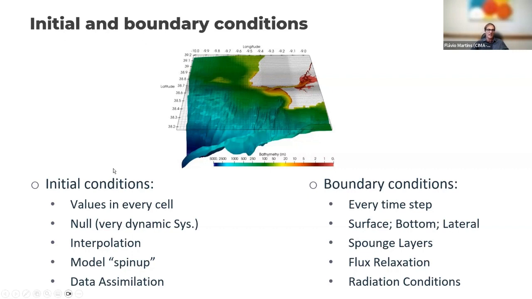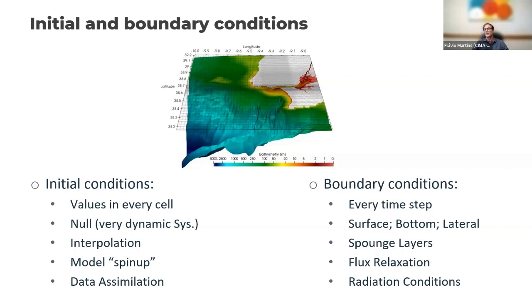Initial conditions are conditions in every cell of my model at time 0. Okay? And there are many ways of doing it. We can, for example, start a system from 0, saying, okay, all the properties are 0.